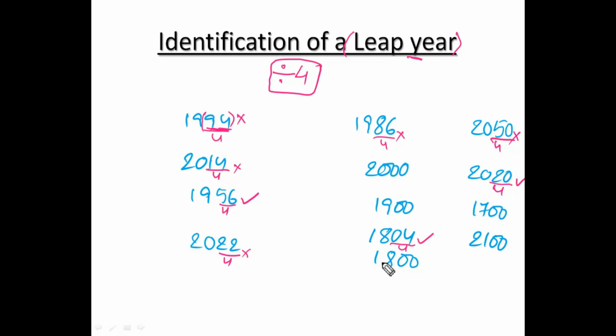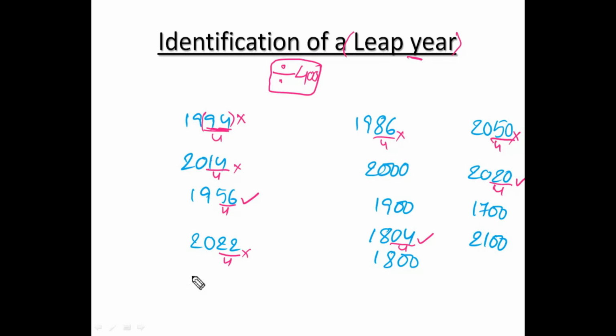Okay, sir, what about the remaining? What about centuries? 2000 divisible, 1900 divisible, 1800 divisible, 2100. Every century is divisible by 4, so all the centuries are leap years? No, this rule is not for centuries. For centuries, we have to check the divisibility by 400.